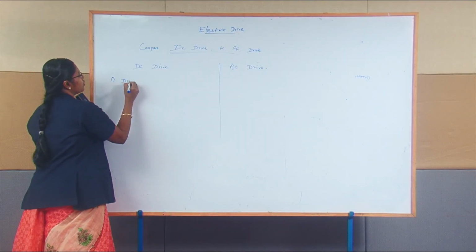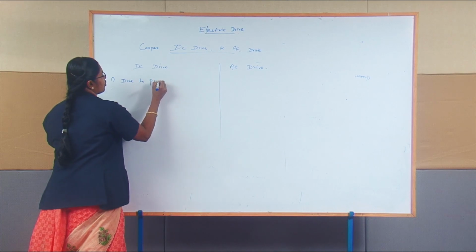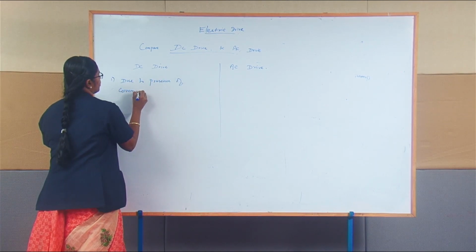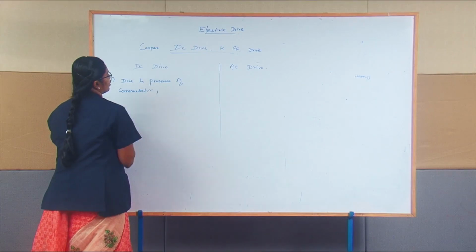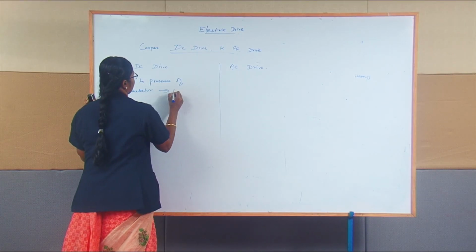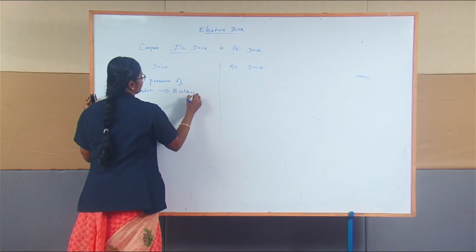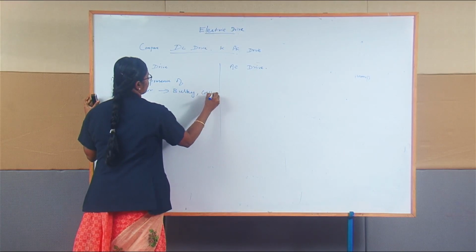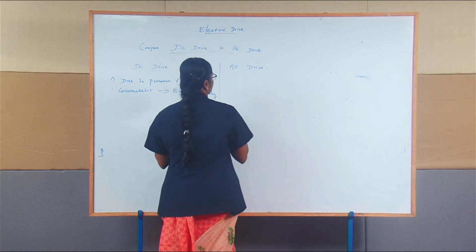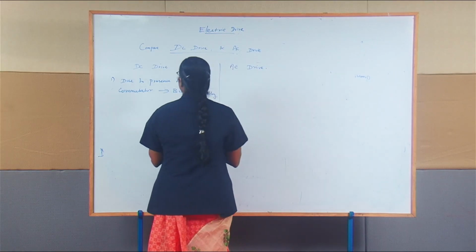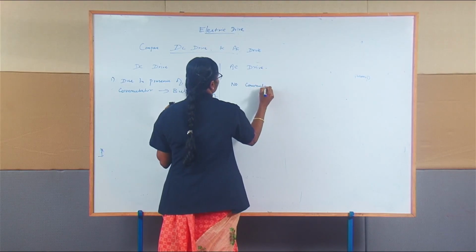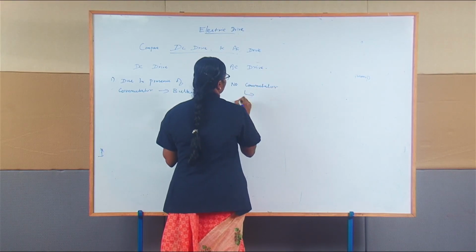Due to the presence of the commutator, the DC drive will be bulky and costly. Whereas here, there is no commutator, so it is compact.